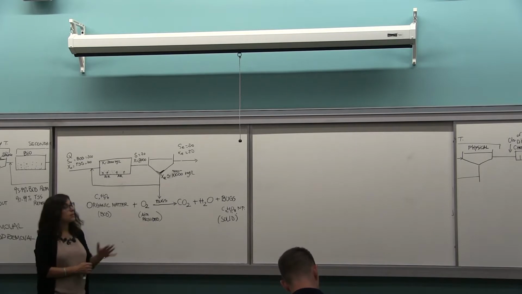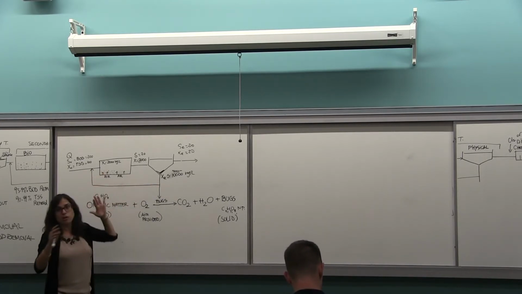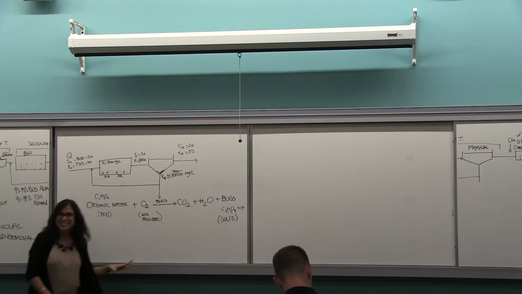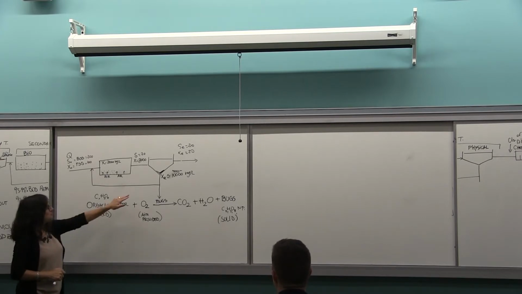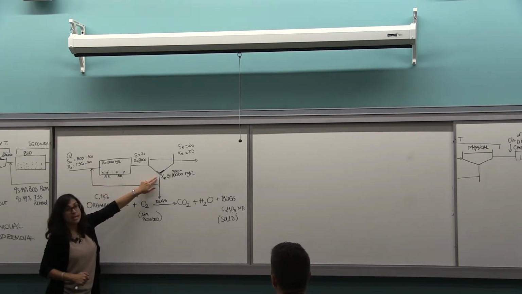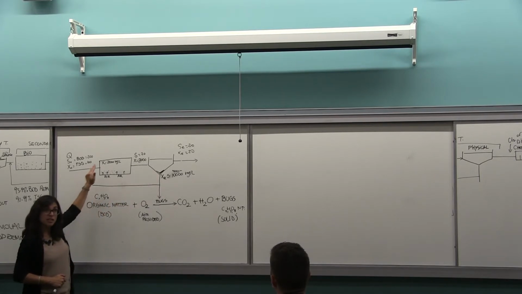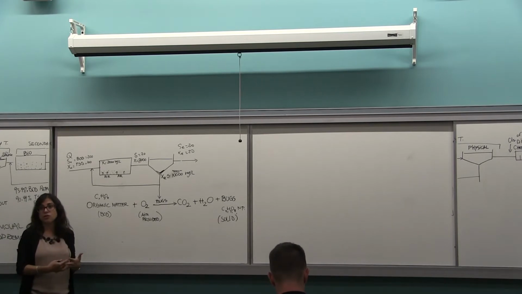Now, this line here, this is the most complex of this part, especially if you haven't done activated sludge in a long time. This line here, water and bugs are returned at the beginning of the plant to increase the capacity of treatment.